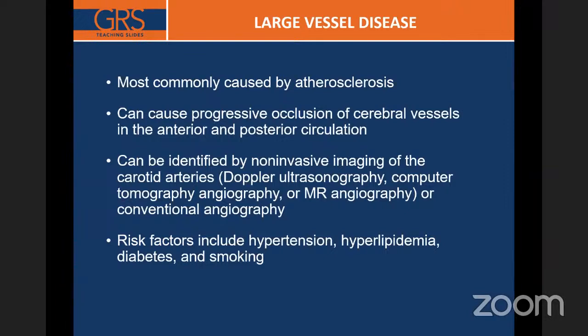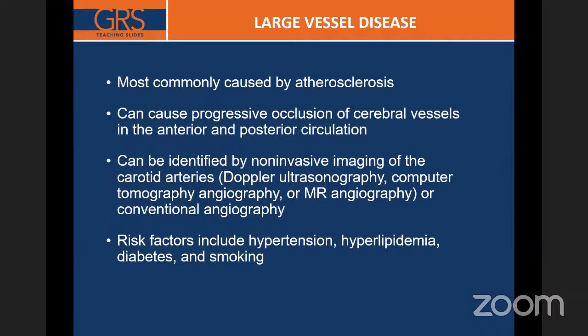Another cause of ischemic stroke is large vessel disease, most commonly caused by atherosclerosis, which can cause progressive occlusion of cerebral vessels in the anterior and posterior circulation. So the presentation will depend on the type of vessel involved, either anterior cerebral artery or middle cerebral artery.